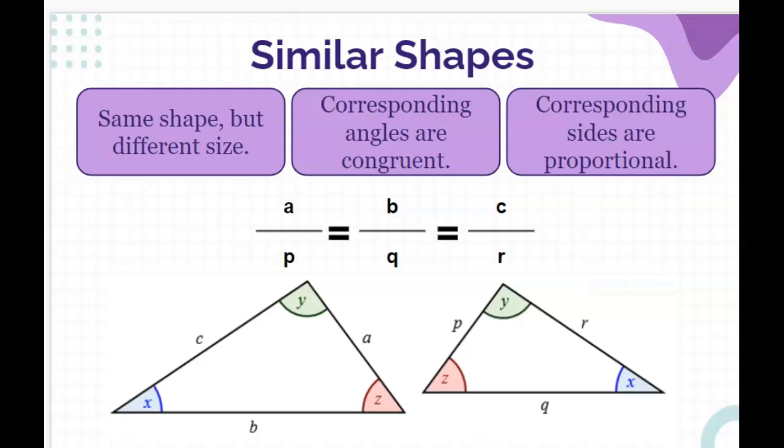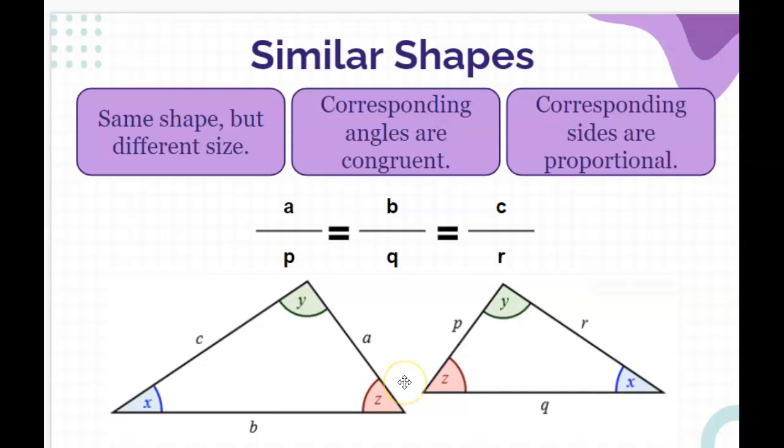So if you notice in these two triangles, angle Y is the same here. If this was 80 degrees over here, it would also be 80 degrees over here. If this one was 40 degrees over here, it would also be 40 degrees over here.